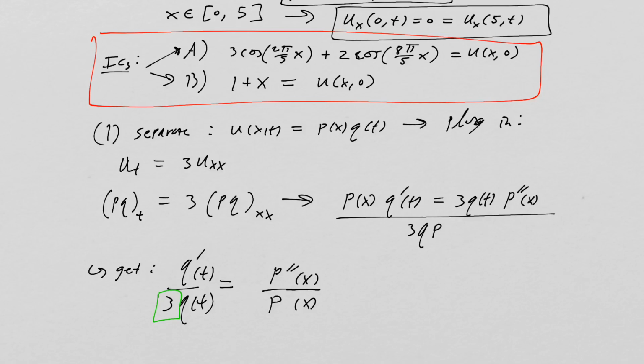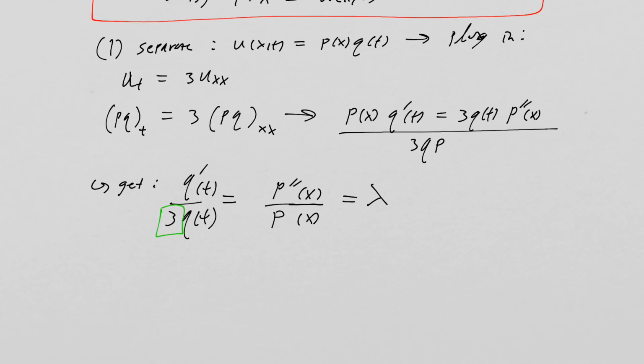But the only way two functions of two independent variables could be equal to each other is if they are equal to a constant. If the functions varied at all, there's no way you could control how they varied.